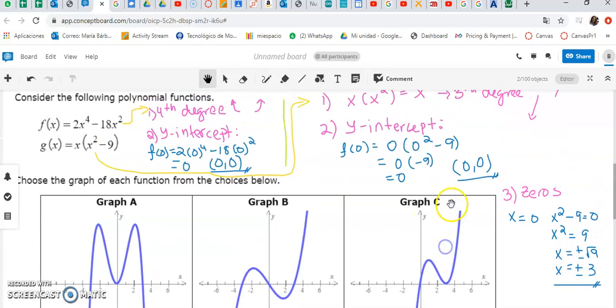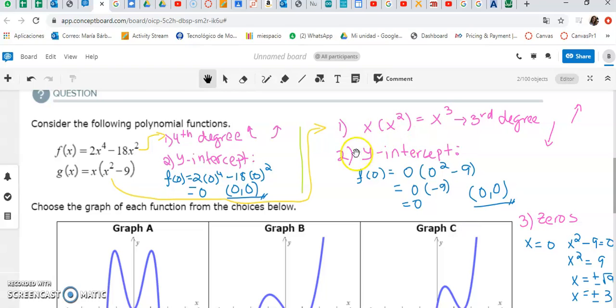But let's check. In the second step, when we find the y-intercept, we evaluate the function they are giving us at 0, and we get that y equals 0.